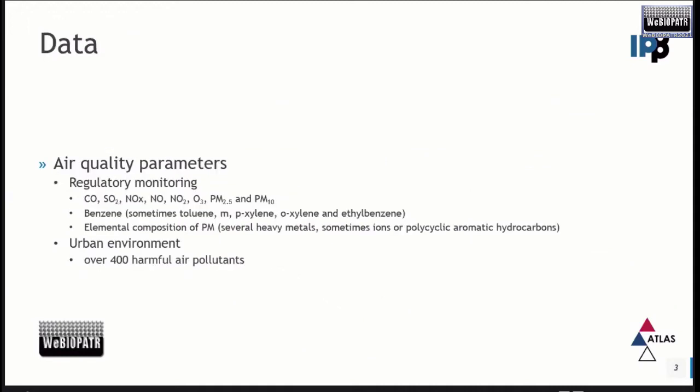Air quality standards are principally based on the limit values of a small number of pollutants, known as criteria air pollutants, from the directive from 2008. Regulatory monitoring includes the concentrations of particulate matter, the elemental composition of particulate matter, and a few inorganic and organic gaseous pollutants.